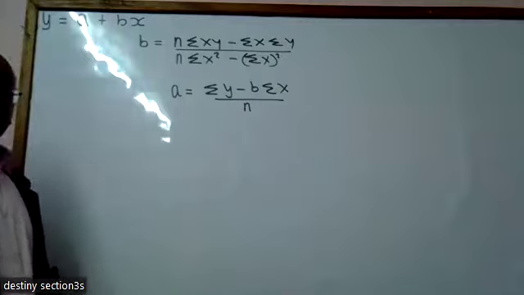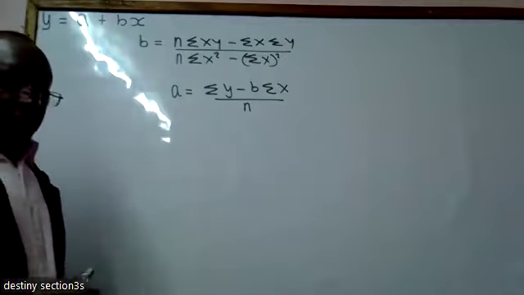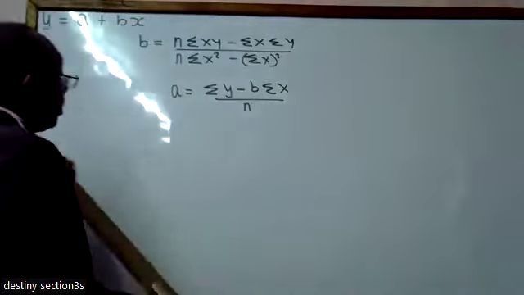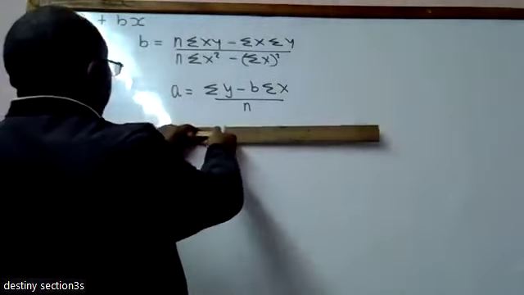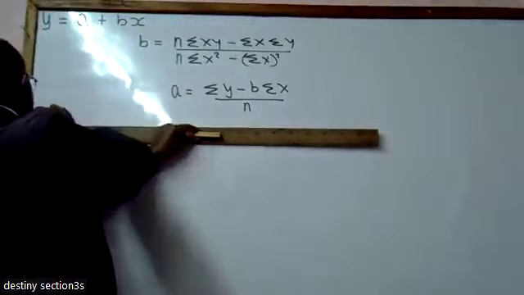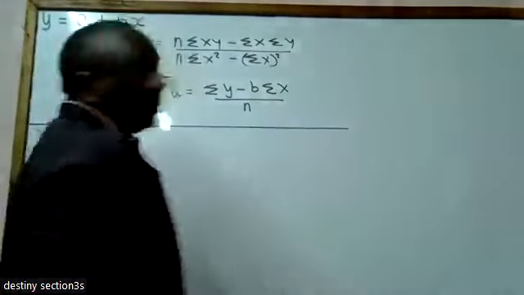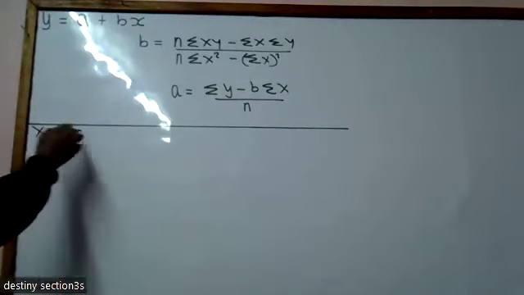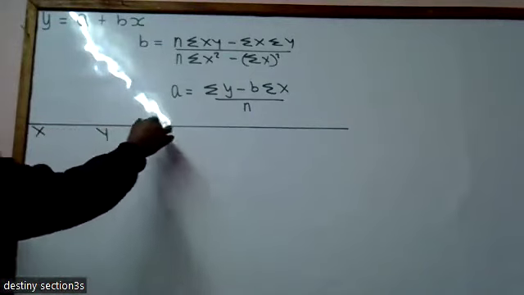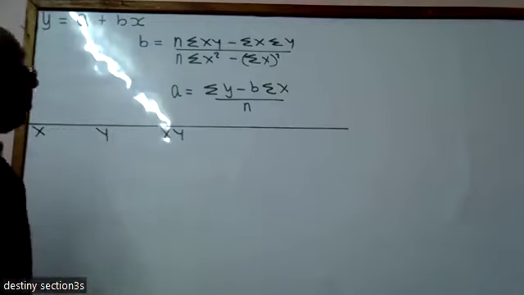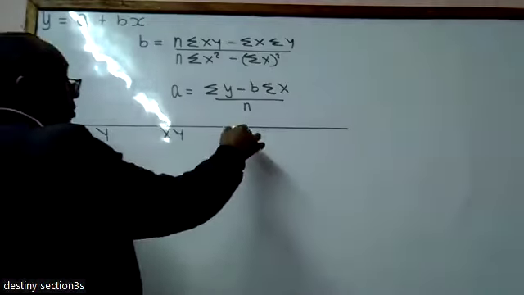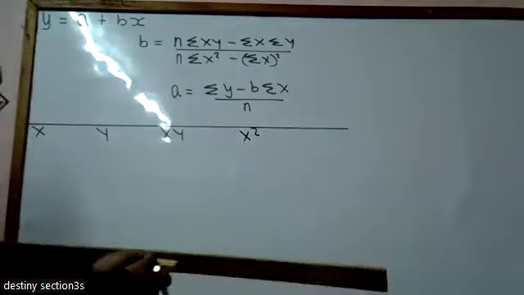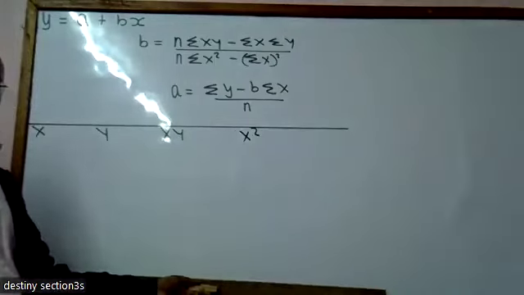Having said so, we are now in a position to develop the analysis table. We will require 4 columns: a column of x, a column of y, a column of xy, and a column where x is squared.